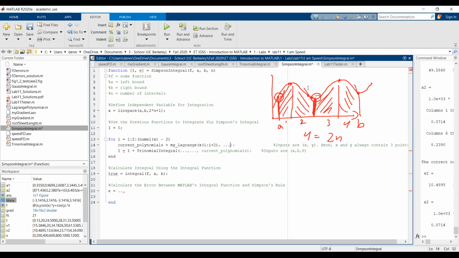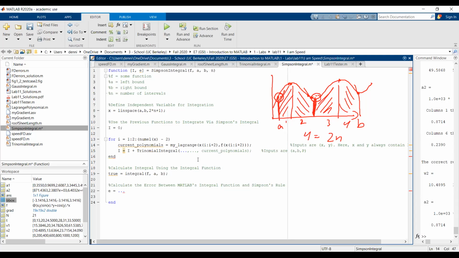For the next one, we have a function handle, so we're going to do f of x, i colon i plus 2. Okay, so that's the x.